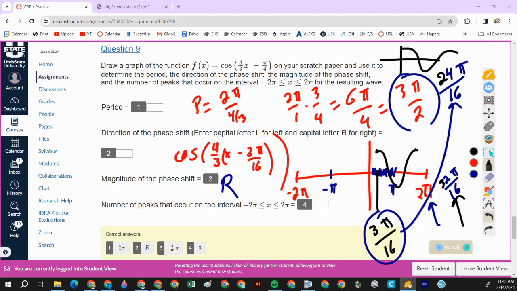Will I have enough time to do another cycle? So 3 pi over 16 plus 24 pi over 16, this point has an x value of 27 pi over 16. If I tried to do it again, I'm going to run out of room. Okay? So when I backtrack, where is my next peak? How would you calculate that?